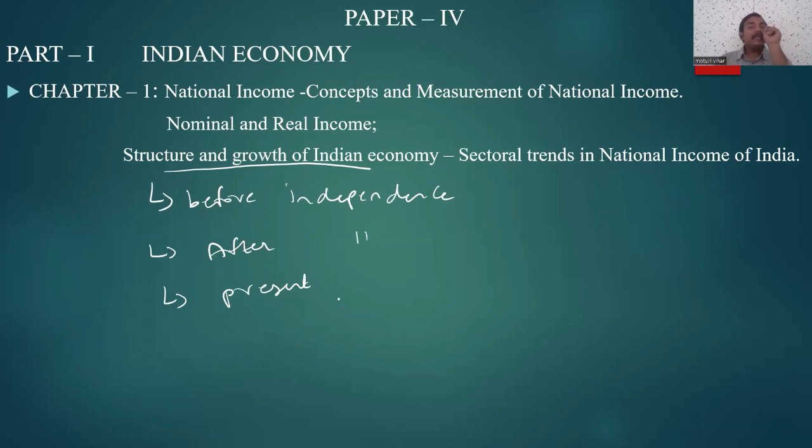Then only we will get the idea of what the structure of the Indian economy is and how it gradually changed. For example, basically before independence, agriculture was the major income resource for the country. But over a period of time, we transitioned to a situation where agriculture is not playing a crucial role in our economy at present.